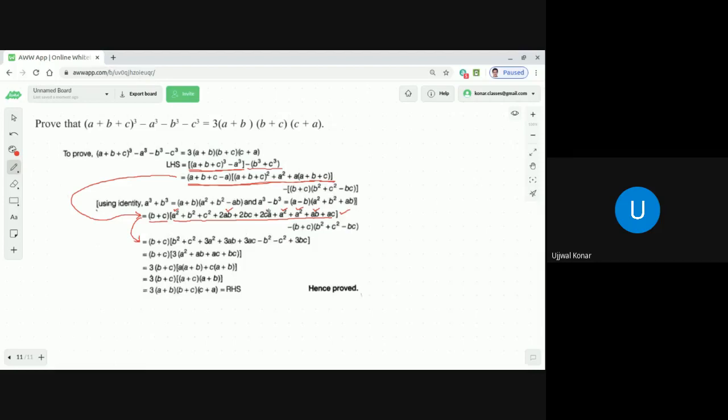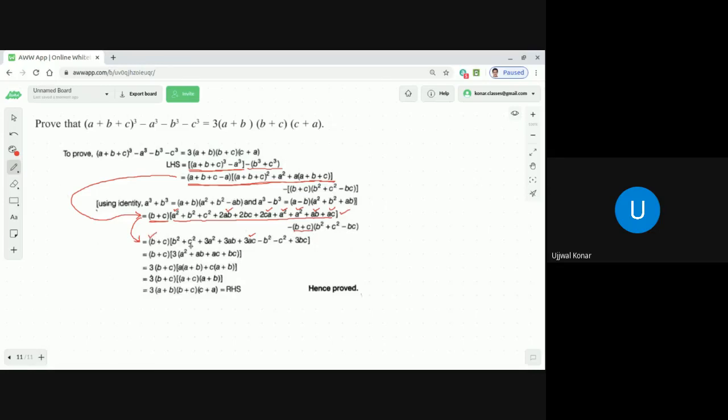Then 2ca plus ac, that is 3ca. Correct? And then minus of b plus c into b square plus c square minus bc, we multiply and bring it here. Because b plus c was taken common, here is one b plus c, here is one b plus c.